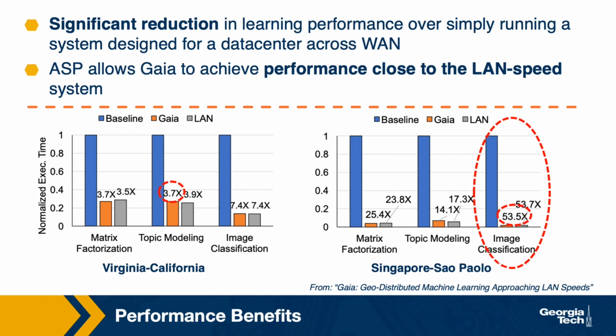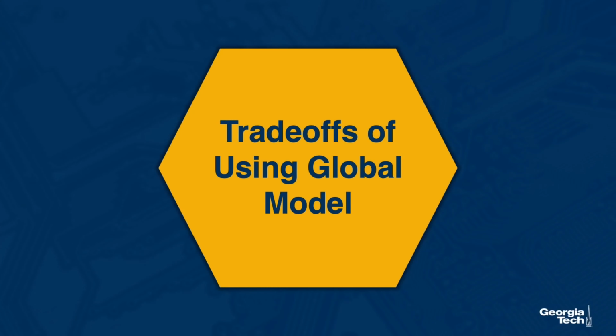We observe that these orange bars are really close to the gray bars. What this shows is that Gaia allows machine learning at geo-distributed scales to be performed at the same speed as if the learning and all the data were localized in a single data center. That's a significant achievement. Now, what are some trade-offs of using a global model?